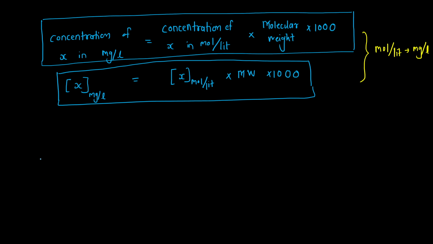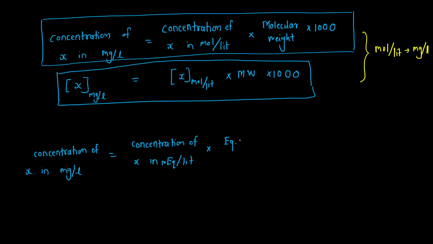So for such a case, the conversion will be: concentration of X in mg per liter is equal to concentration of X in equivalent per liter, or we can say milli equivalent per liter, moles equivalent per liter, into the equivalent weight, multiplied by 1000.